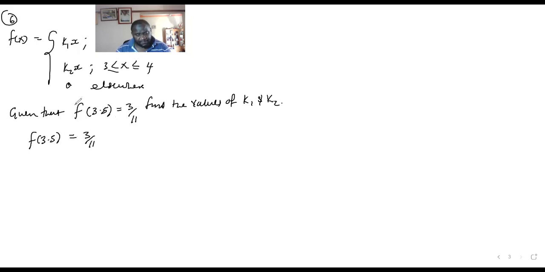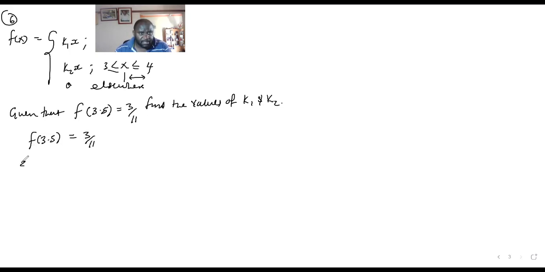So when you substitute 3.5, if this is 3.5, to reach 4 you have a balance of 0.5.